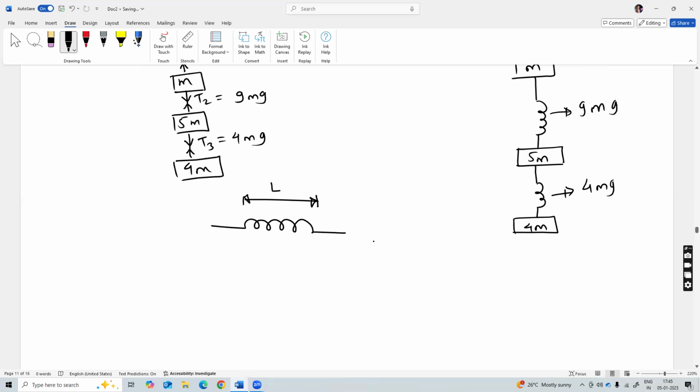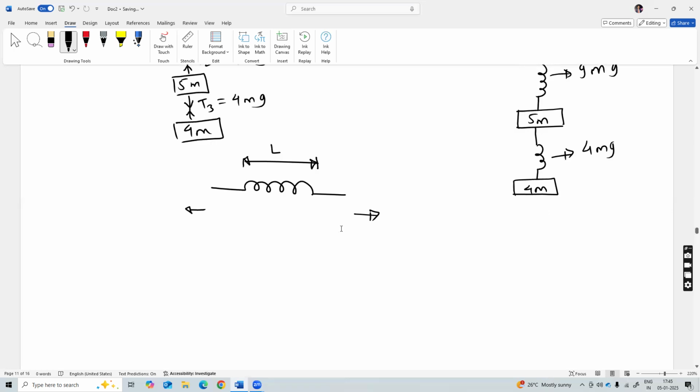If you have a spring of length L, now if you apply force in both directions, its length will change.